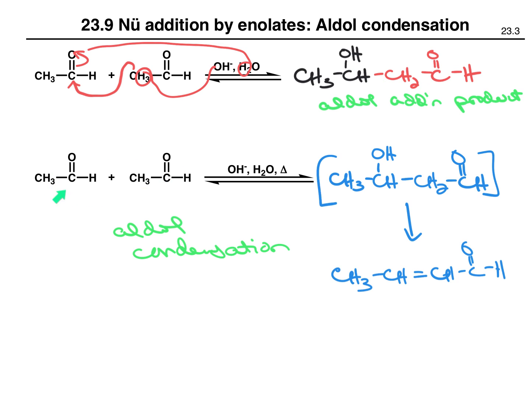If we have the aldehyde that can generate an enolate and it's treated with hydroxide and heat, now it's going to go a step further. The aldol addition product is an intermediate, but the final product will be the condensation product, which is an alpha beta unsaturated aldehyde. So same conditions except for the addition of heat.